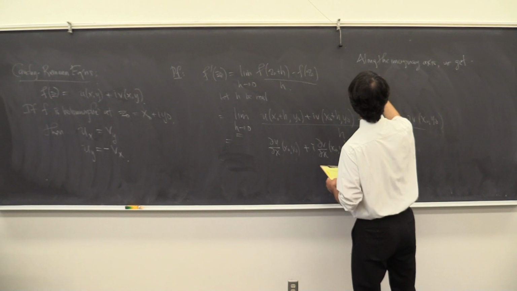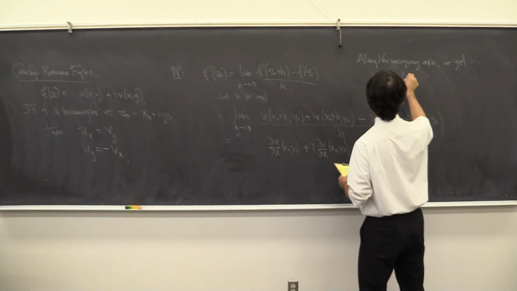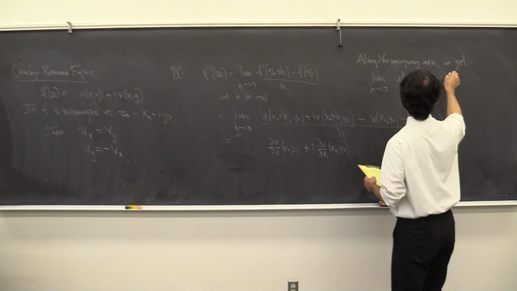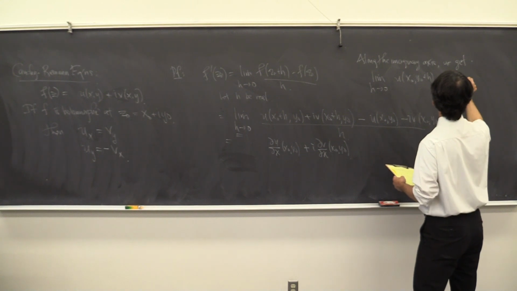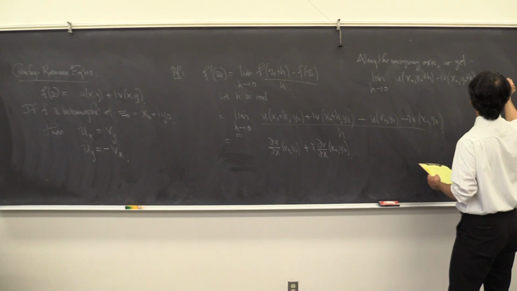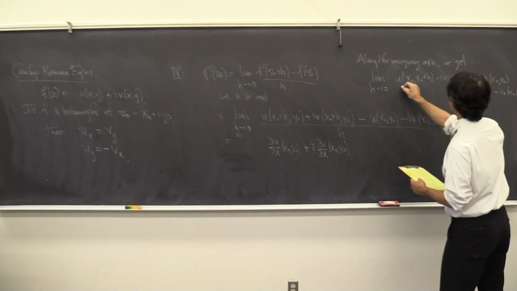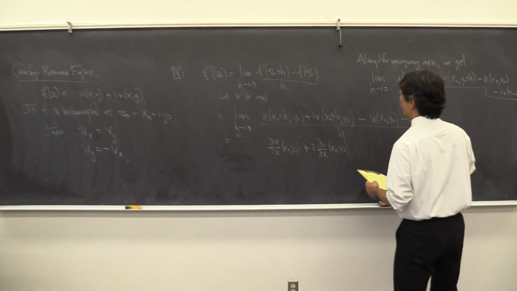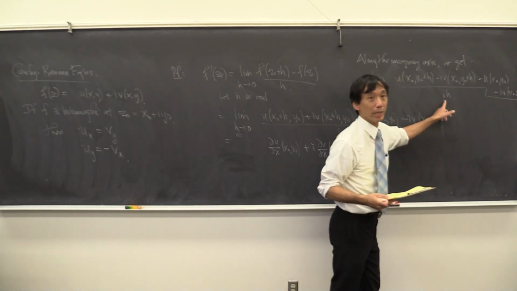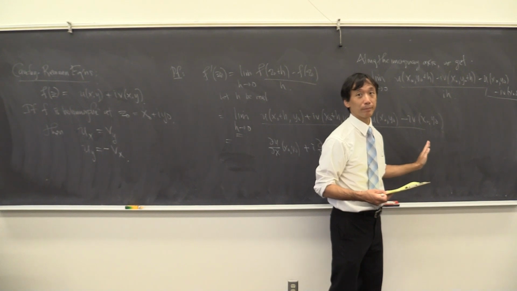Well, we get the limit as h goes to 0 of u of x naught, y naught plus h, minus i v of x naught, y naught plus h, minus u of x naught, y naught, minus i v of x naught, y naught, everything over the change, but the change is ih, because we're moving along the imaginary axis.